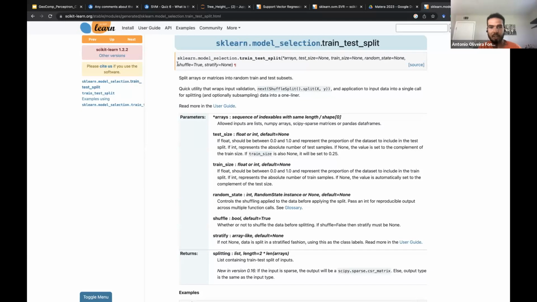For example, you can ask train test split to also shuffle the data. If you believe that there is some degree of organization in the data that you don't want to bias your method towards, right? Let's say the first few samples of the data set are just shorter trees, and the end of the data set are larger trees, because for whatever reason there was such a bias during data collection.